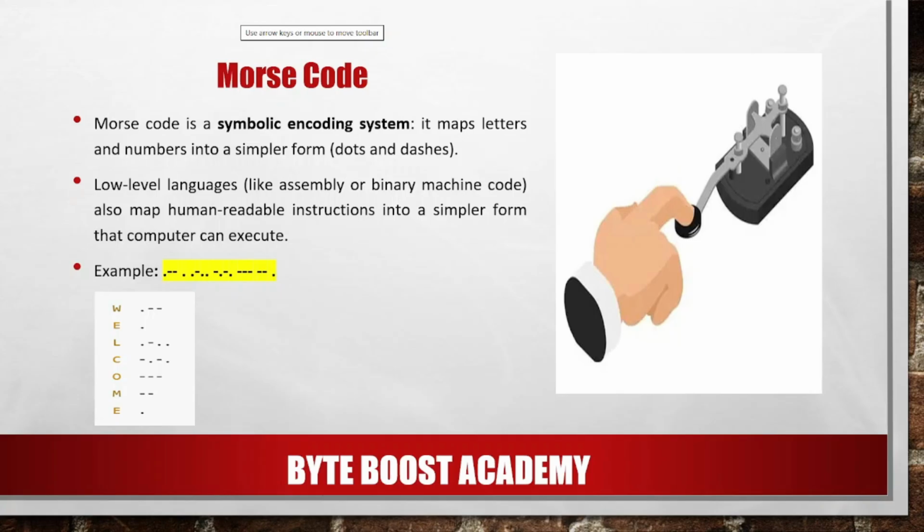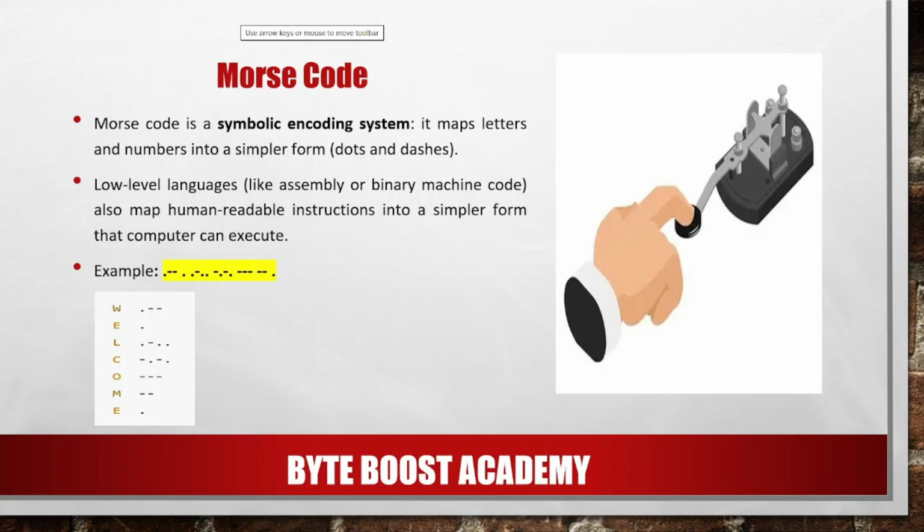It is similar to a low level language because it can't be understood easily by humans, and it maps human readable instructions into a simpler form that a computer can execute. Here I have depicted one example, the word welcome. Here you can see that dot dash dash corresponds to the letter W, and E is a single dot. This way we can structure the complete word welcome.